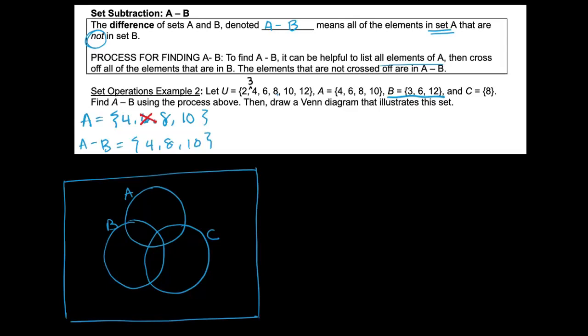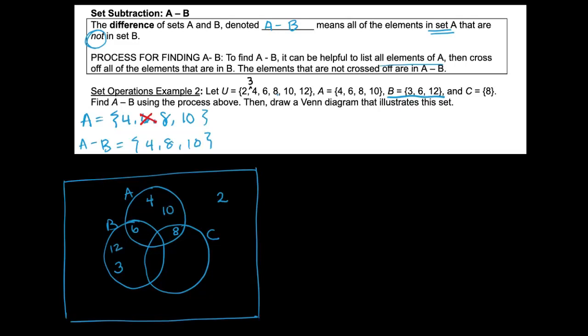It's not in A, B, or C, so I write it on the outside. 3 is in set B and only set B, so I write it right here. 4 is in A and only A. 6 is in A and B, so I put 6 where A and B intersect, but don't touch C. 8 is in set A and C, so where those intersect, but not B, I'll put an 8 there. 10 is in A only, so I put it near the 4. And 12 is in set B and B only, so I put a 12 right here.